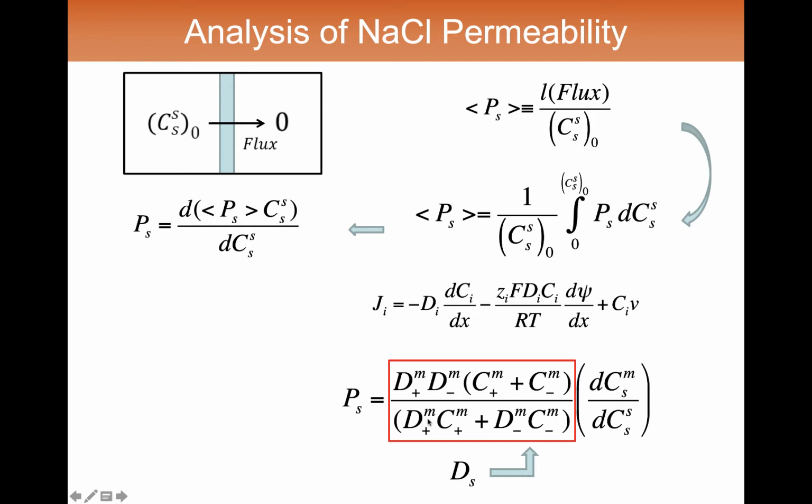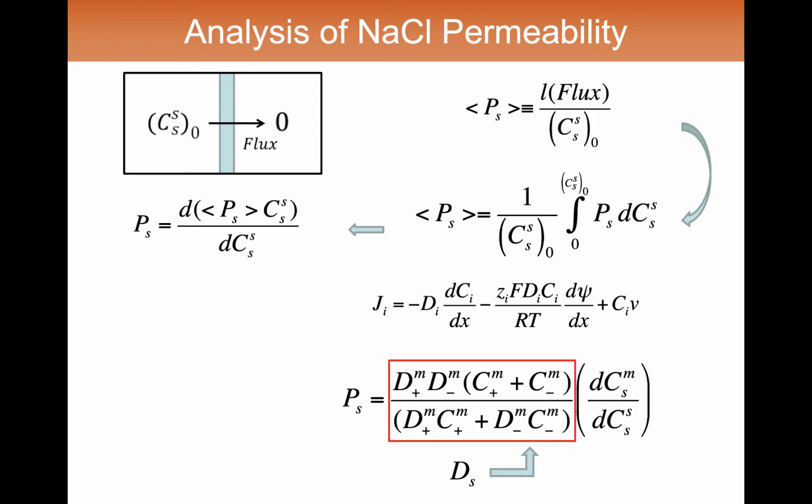And this expression again includes both the cation and anion diffusion coefficients in the membrane, as well as the concentrations of cations and anions in the membrane. And this grouping of terms we often write as the salt diffusion coefficient.